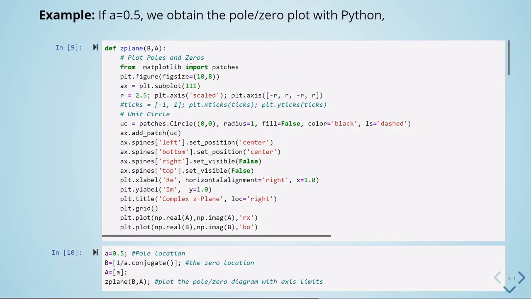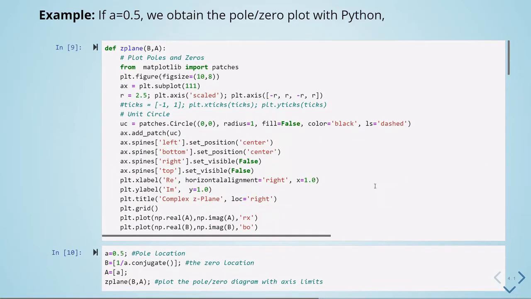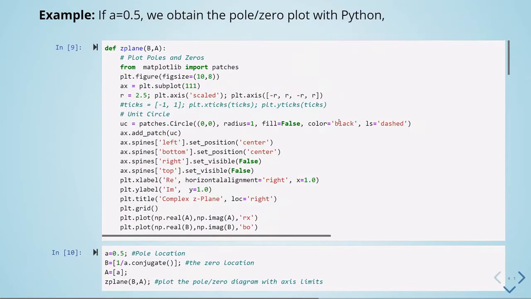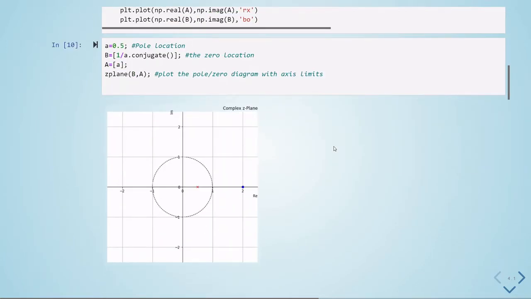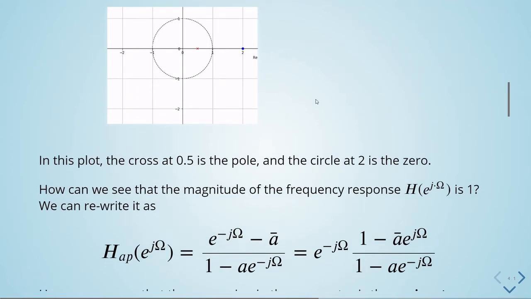Most of the function here is doing is to shift this axis and then plot this unit circle, and then we also have here we're plotting the real part, imaginary part of a, real part, imaginary part of b, and this results into this plot here.